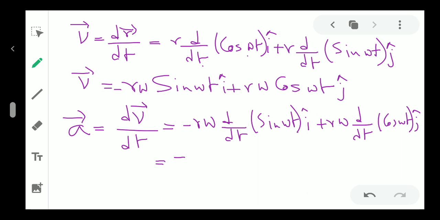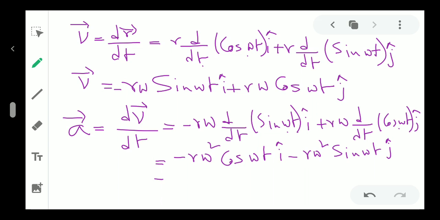Now I can do the differentiation again. Omega will come in front, so this will become r omega square. Sine will become cos, so this is cos omega t i cap. From here also omega will come in front, but the differentiation of cos theta is minus sine theta, so there will be another minus sign, r omega square, and we will have sine omega t j cap.